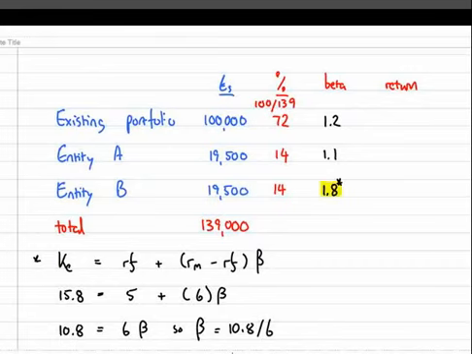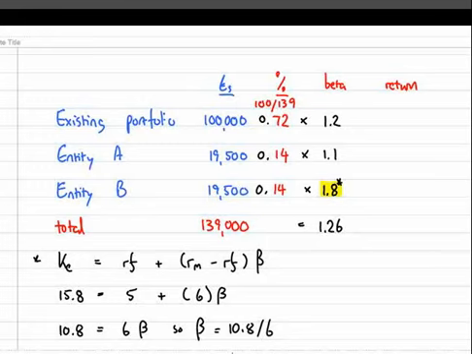and that's 1.8. And then taking a weighted average and just multiplying through the beta factor times 0.72, the beta factor times 0.14, beta factor times 0.14, that gives me the overall beta factor for my portfolio of approximately 1.26, and that's my risk.